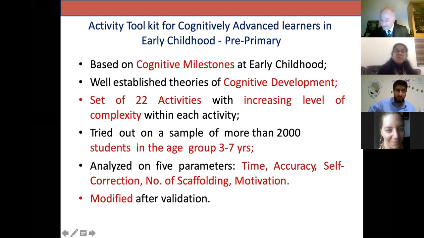Okay, so we developed hands-on activities, and initially we pilot tested on a sample of around 57 students, but later on it was tried out on a group of more than 2,000. In fact, it was 2,400 something students, and there were 5 parameters: time, accuracy, self-correction, scaffolding and motivation.